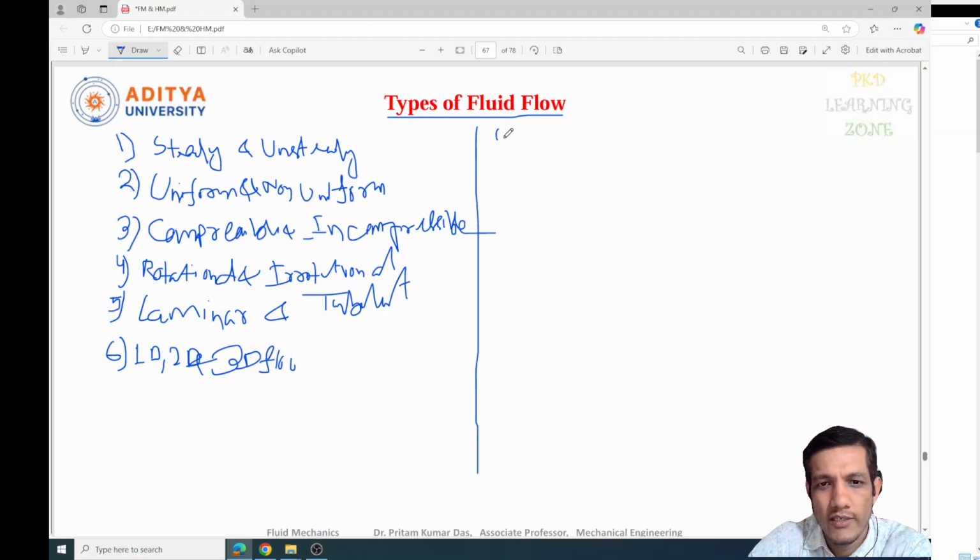So first let's discuss the first one. What is steady flow and what is unsteady flow?